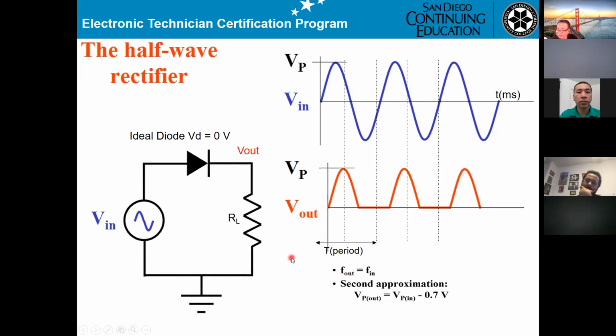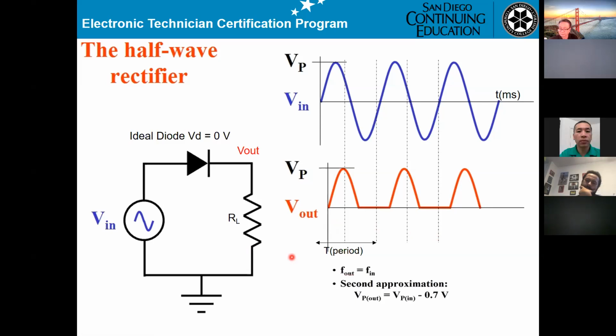Hey, Mr. Pham, at the very bottom, that second approximation formula, that's the V peak out, right? Yes, we pick the output here. Whatever the input is, minus 0.7. That means V peak out equals V peak in minus 0.7.